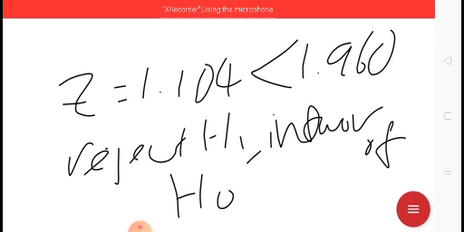Okay, so you can say the claim that the mean is equal to 2.0 is supported, something like that. Okay, so this is the answer for question 5.